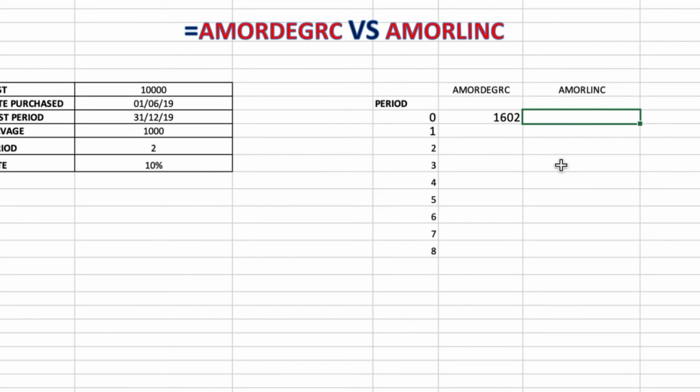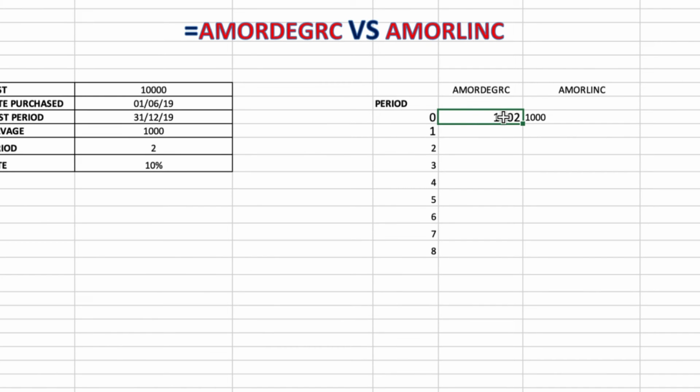The same for AMORLINC: cost, date purchased, first period, salvage, period, and the percentage of decline in its value is 1,000. So this is actually the second period.